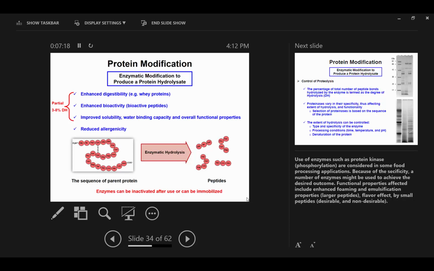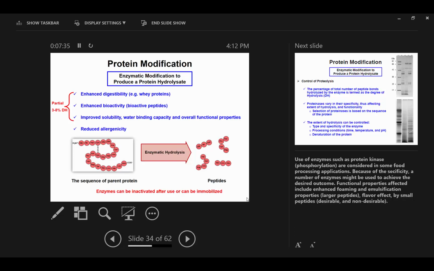So in industry, once you hydrolyze, or even in the lab, if you're doing hydrolysis, you want to make sure that you inactivate the enzyme at the end. You don't want the enzyme to remain active. You want to control the hydrolysis and stop it when a desired change has been reached.